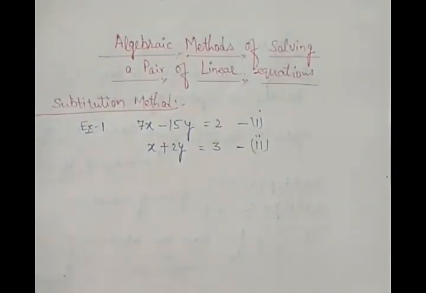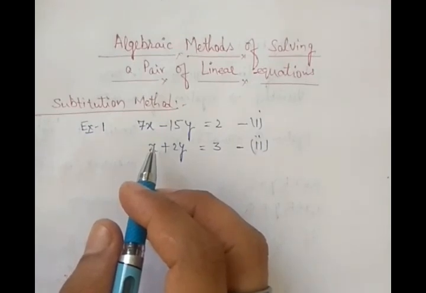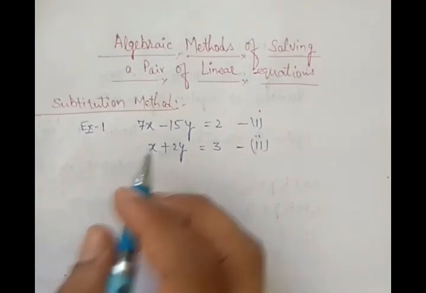In the substitution method, we write the value of one variable in terms of the other from any of the equations. Then we substitute the value of that variable in the other equation.